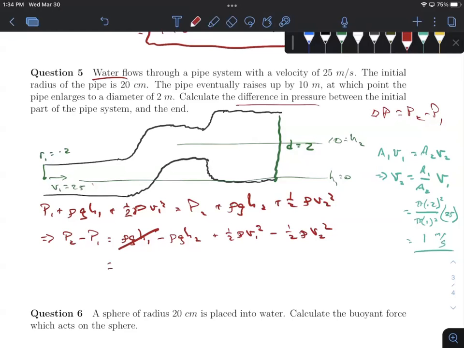So now I plug all my numbers in. Minus 1,000 times 9.8 times H2, which is 10 meters, plus 1/2 times 1,000 times V1, which is 25 squared, minus 1/2 times 1,000 times V2 squared, which is 1 squared. And now there's my equation.